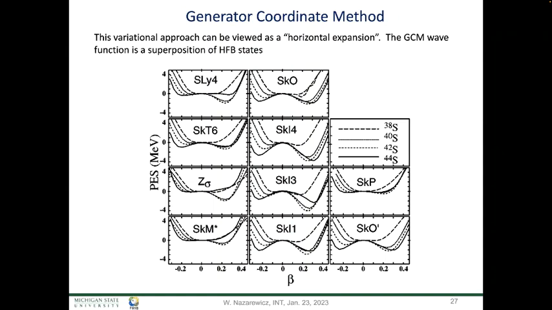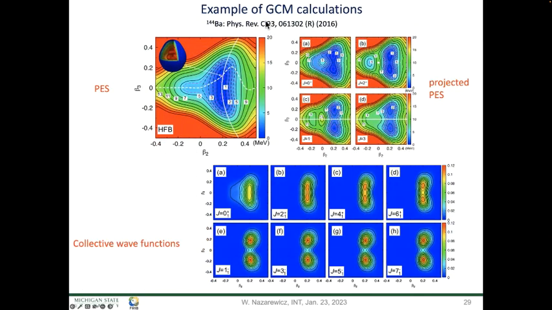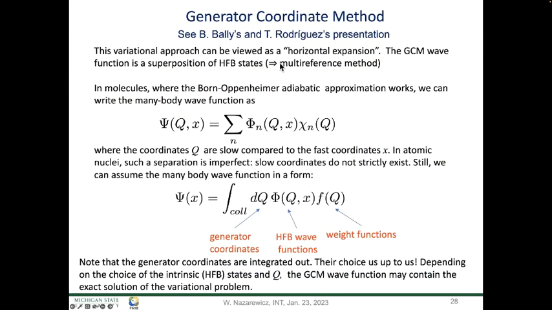Okay, well, in order to treat such systems, one has to go beyond the concept of a single shape. One has to basically mix in calculations a number of shapes. And this is the concept of the multi-reference approach.